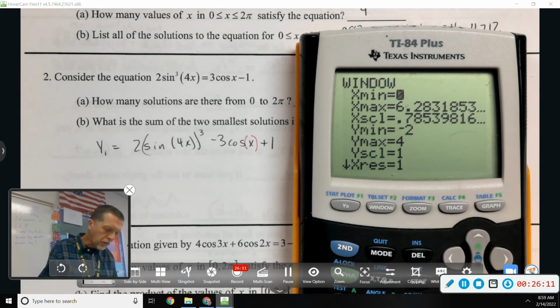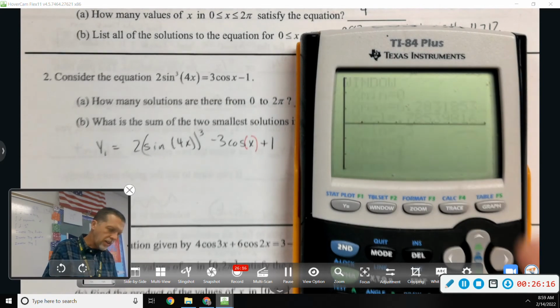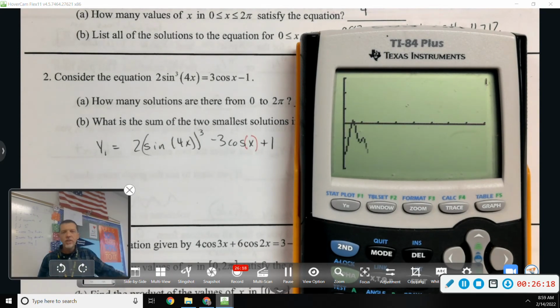My window's 0 to 2 pi. Beyond that, I don't really care. It doesn't really even matter if I see the whole solution or not. What's that? It doesn't look normal? Well, it looks weird because something's cubed in there. So yeah, that definitely is an unusual picture. Yours might look a little different depending on what your window is.